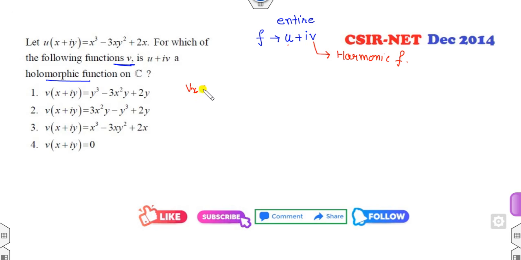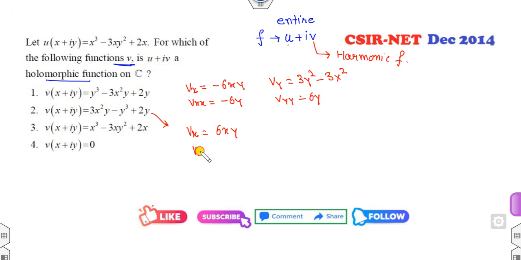What is a vx minus 6xy, vxx minus 6y, vy 3y square minus 3x square, vyy is 6y, satisfied. So this one may be satisfied. Look at the second one, v of x 6xy, vxx 6y, v of y 3x square minus 3y square, v of yy is minus 6y, it also satisfied.